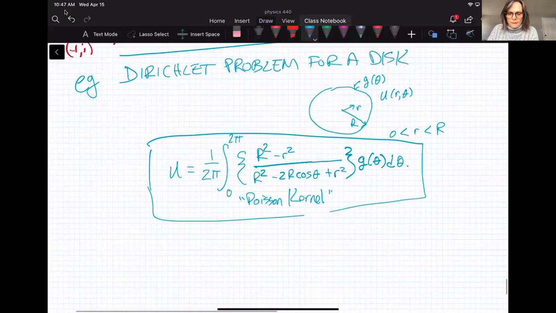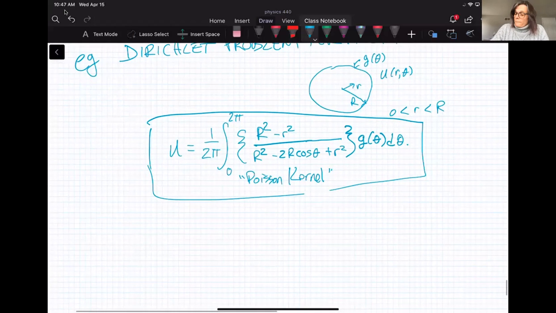Right? Now, that obviously can be a pretty complicated function to integrate.